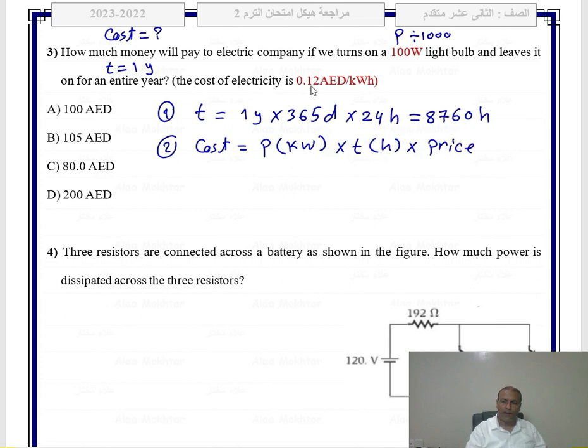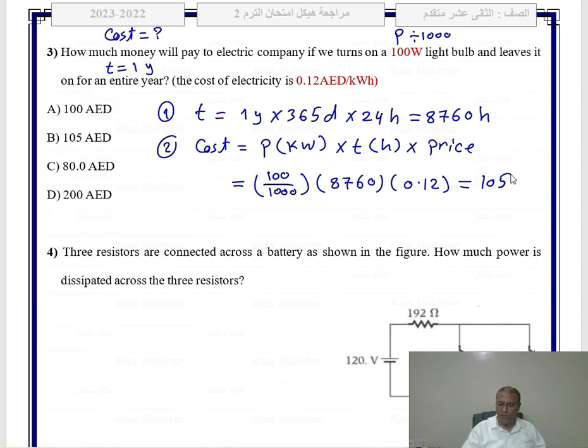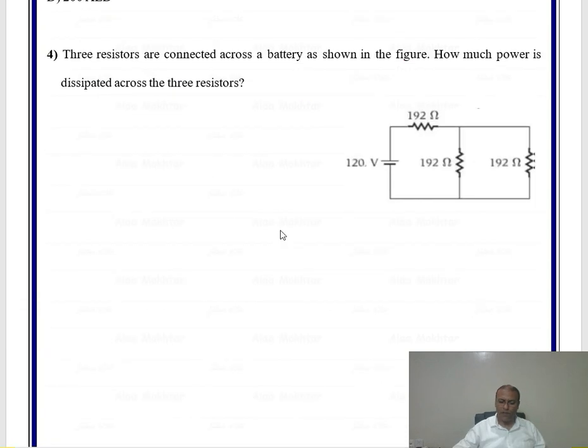The cost of electricity is 0.12 dirham per kilowatt hour. It means 100 divided by 1000, the power, multiplied by 8760 times 0.12. The answer is 105 dirham.